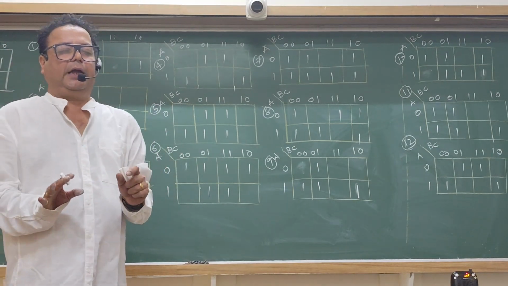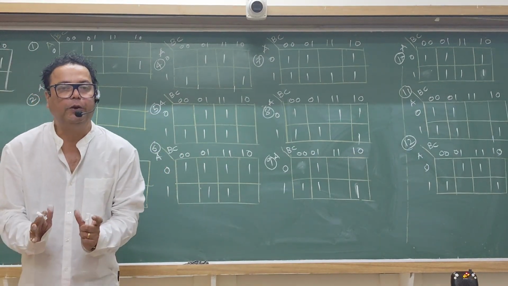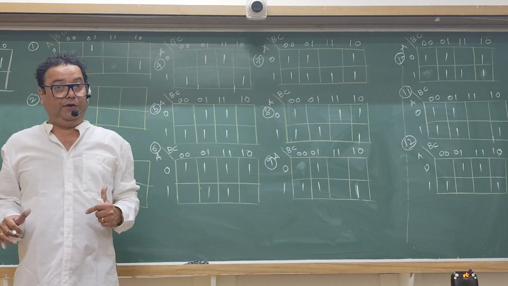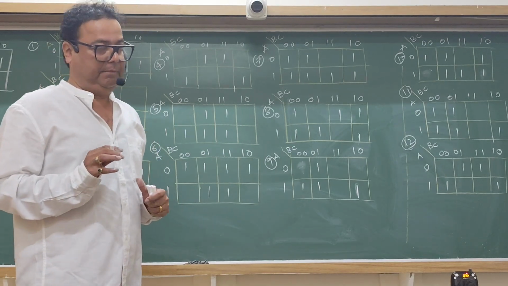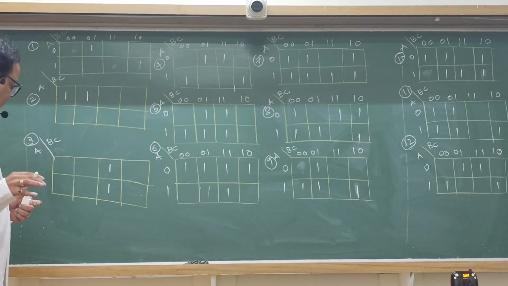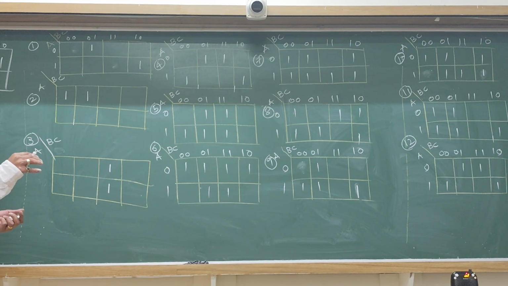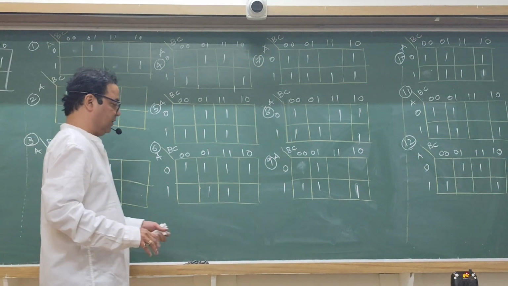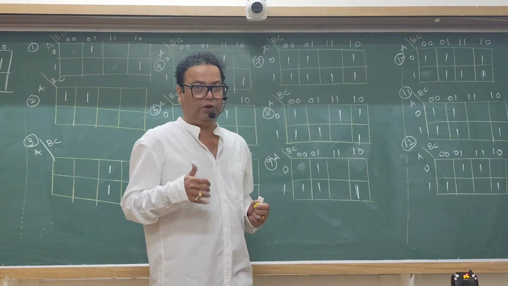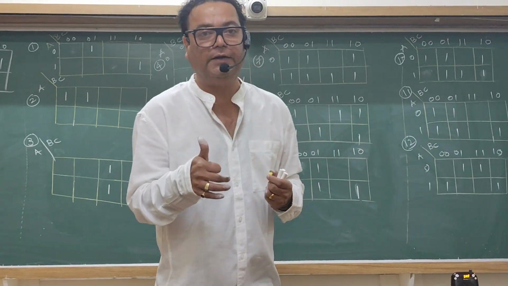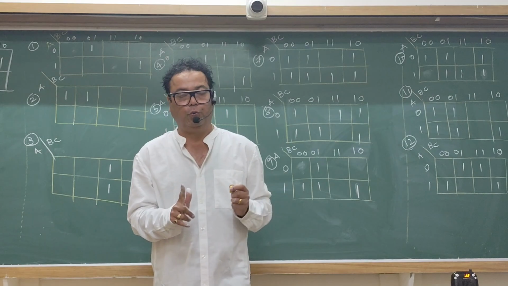Two variable KMAP doesn't have scope to explain all the rules. But now we are going to learn three variable KMAP, and let me tell you, by the end of maybe 10th or 15th minute, you will be thorough with your KMAP skills, right? So understand, let's revise the rules. First rule, all ones should be covered with minimum grouping.